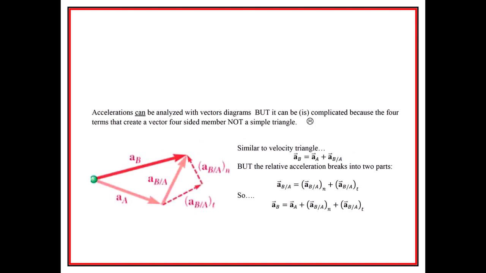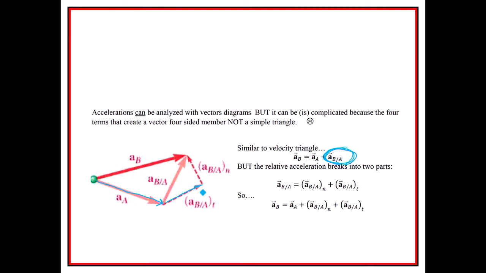Accelerations can be analyzed with the vector triangles, and that's a bad name. They're not triangles. They've got to be vector diagrams, because at least part of them is a triangle. But because this relative acceleration has two parts, they actually become quadrilaterals. They're not rectangles, unless it's a special case.